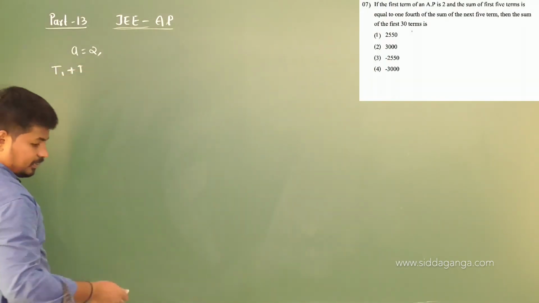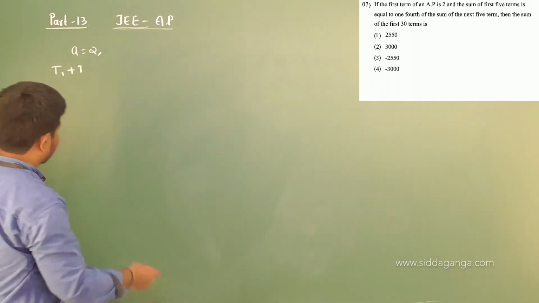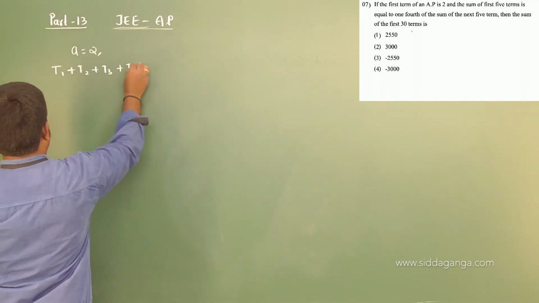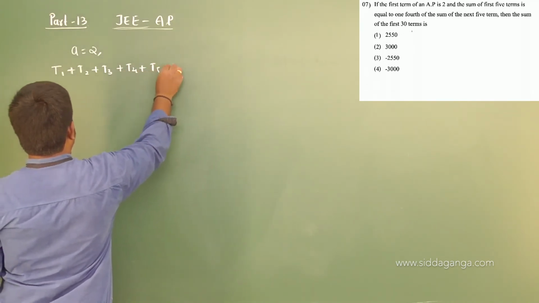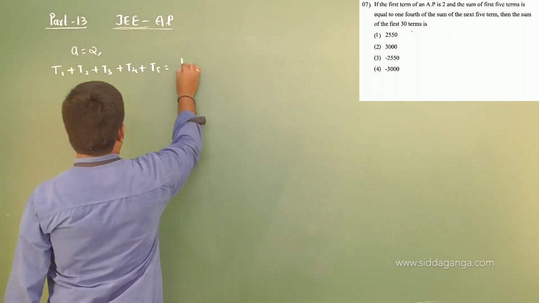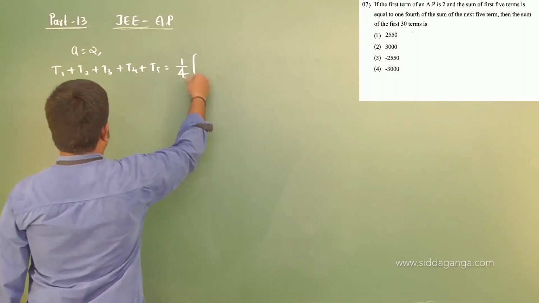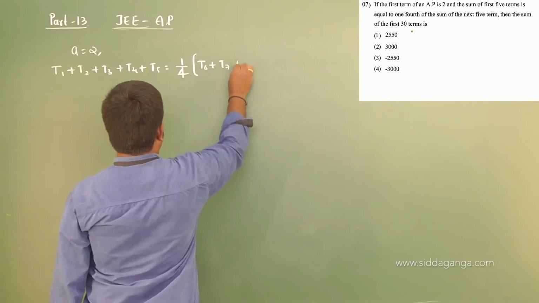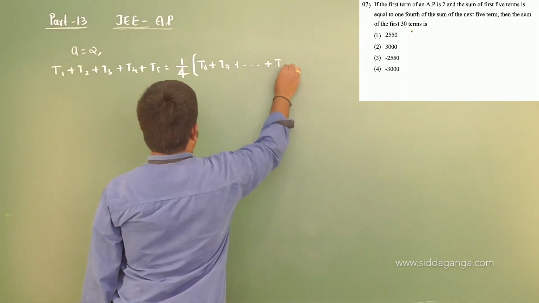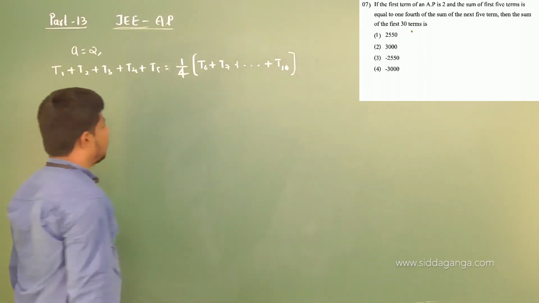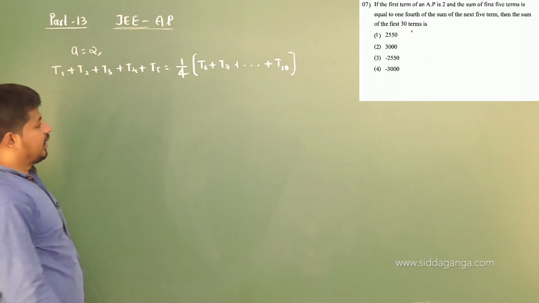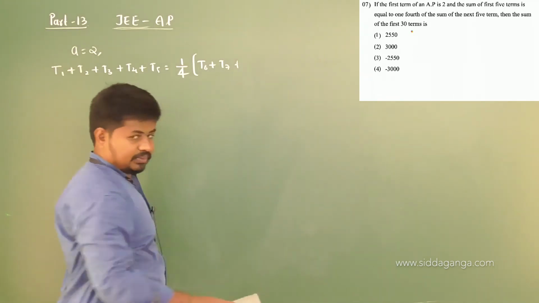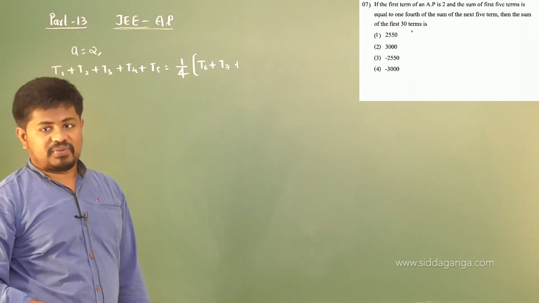This is equal to 1/4 of the next 5 terms, that is T6, T7, T8, T9, T10. This is given. So what do we have to find? We have to find the sum of the first 30 terms.